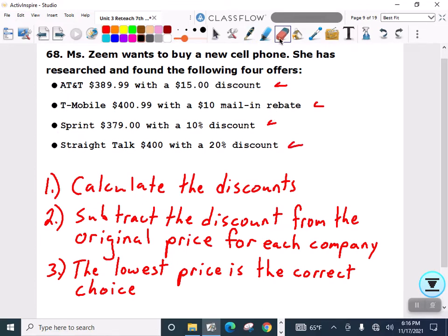Then once you have the dollar value discount for each of these, you subtract the discount from the original price for each company. So AT&T, you calculate the discount, and then you subtract that from the original price, and then that would be what the price was after the discount. And so then you look at your 4 prices that you calculated, and you choose the lowest price.